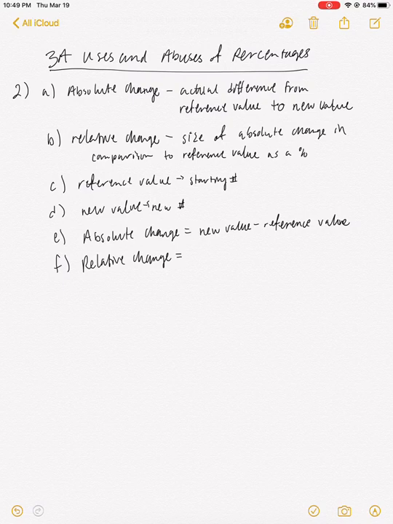So we're seeing how the difference of the new value from the reference value relates to the reference value.